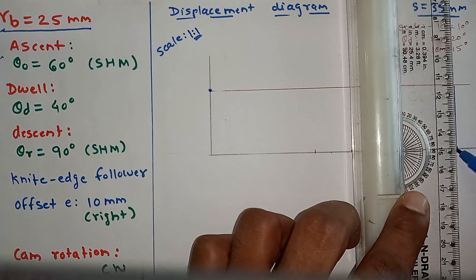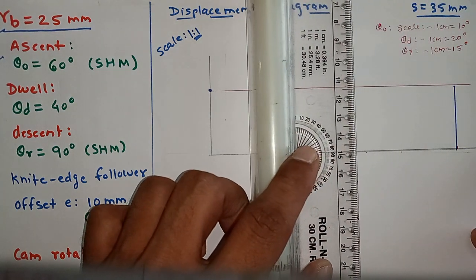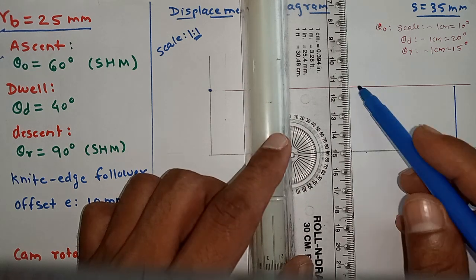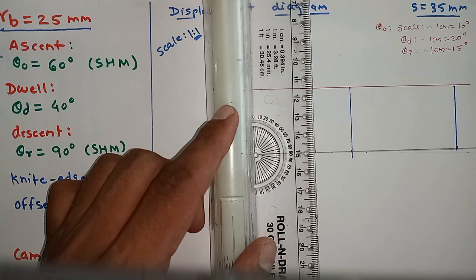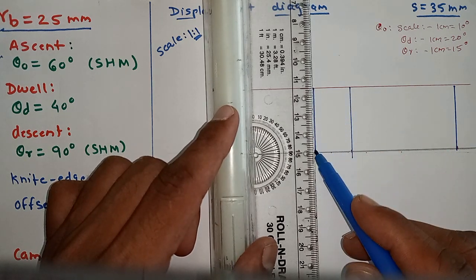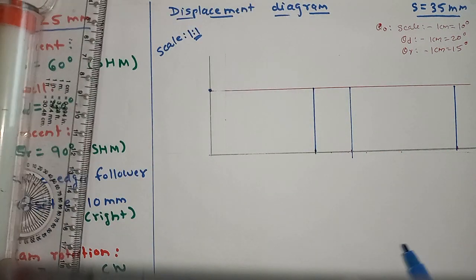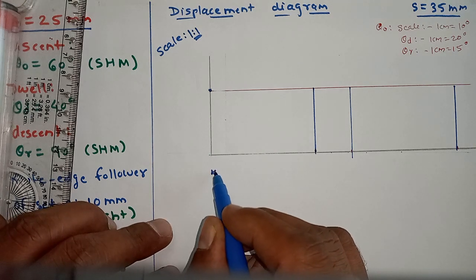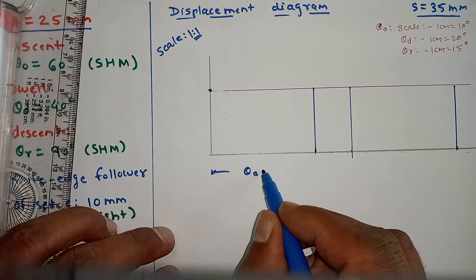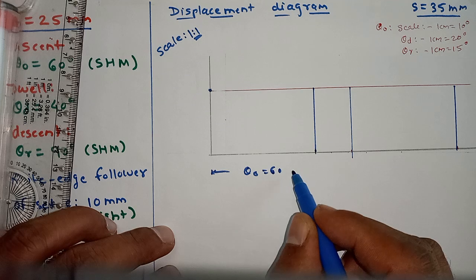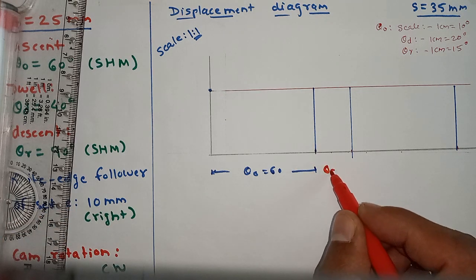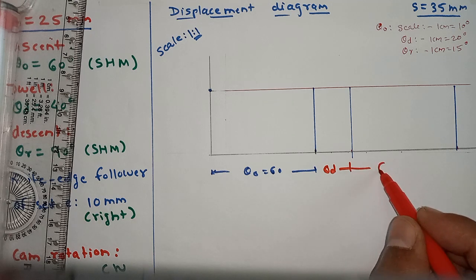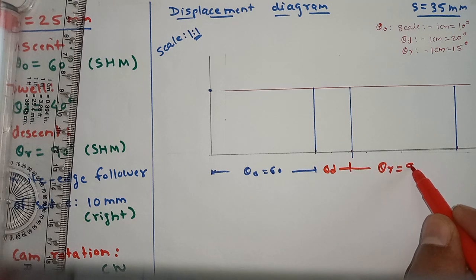This is the end of return stroke, this is the end of dwell period, and this is the end of outstroke. So outstroke angle theta O is equal to 60 degrees, then the dwell period of 40 degrees, and then the return stroke of 90 degrees.